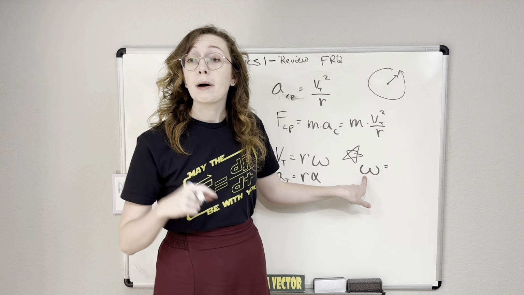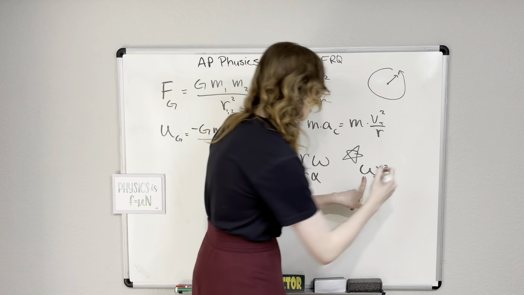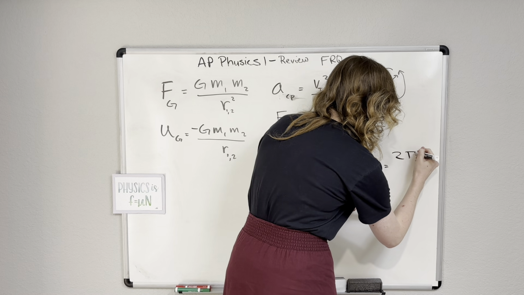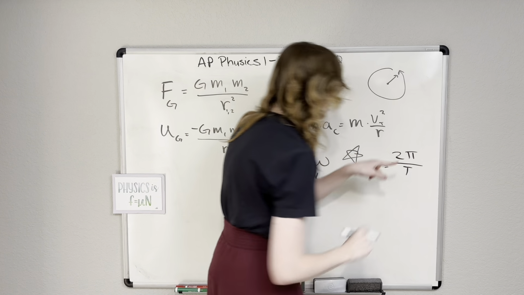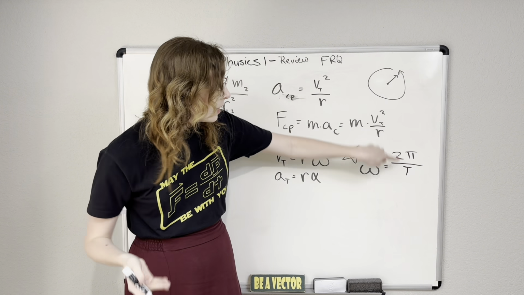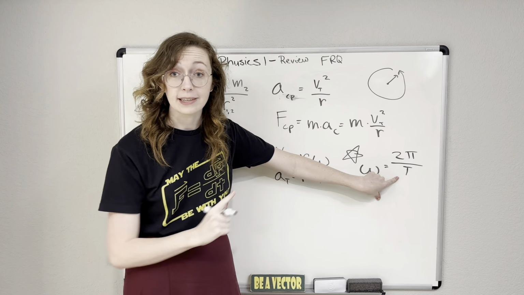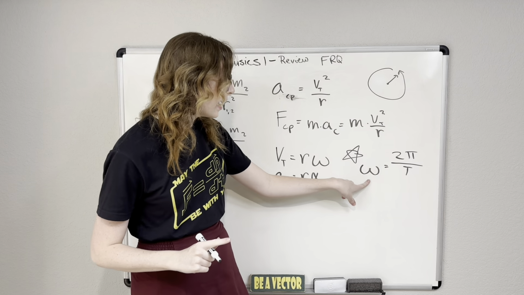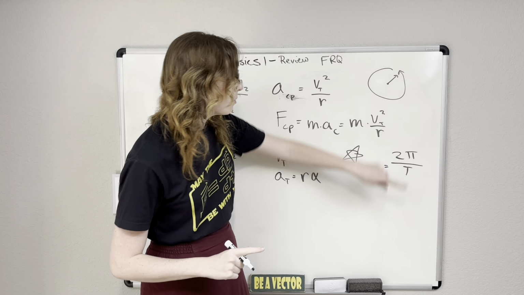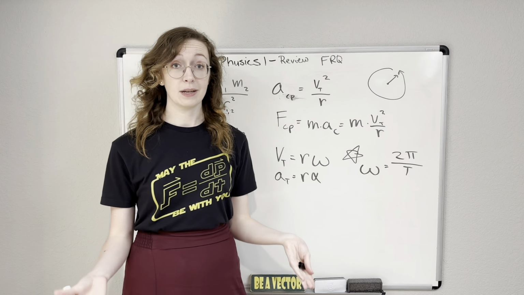So I can relate angular velocity to the period of an object by saying that it is 2 pi divided by T. Because 2 pi is the number of radians in a full circle, and T is the amount of time it takes me to complete a full cycle of motion. So my angular velocity is equal to the number of radians I cover divided by how long it takes me to do that.